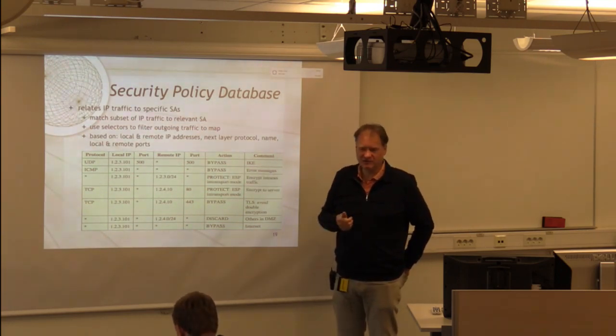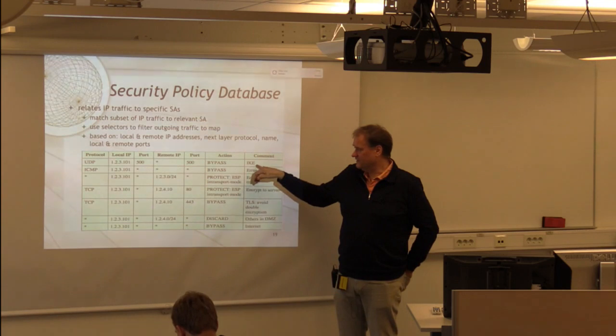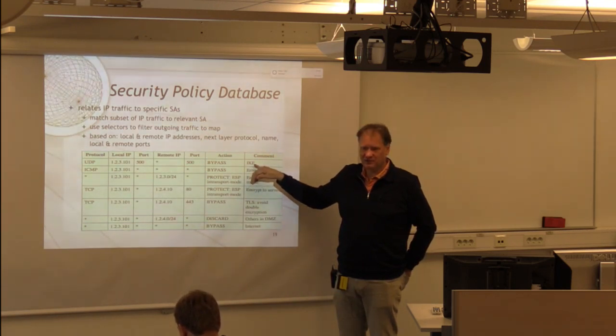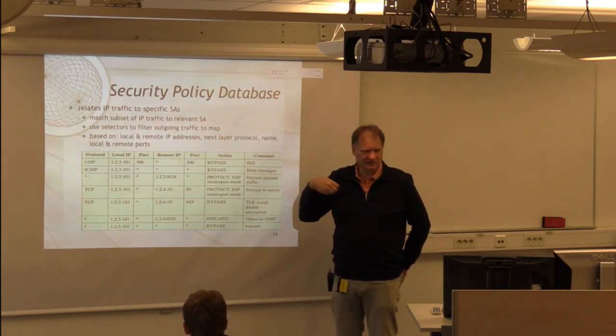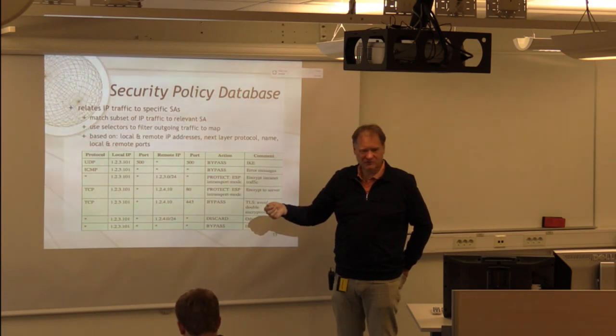It shouldn't be protected at all. It should just go out as it is, without security from IPsec. And that is the Internet Key Exchange Protocol. Of course, we need to be able to do that type of negotiation because that is what we use in order to set up a security association.